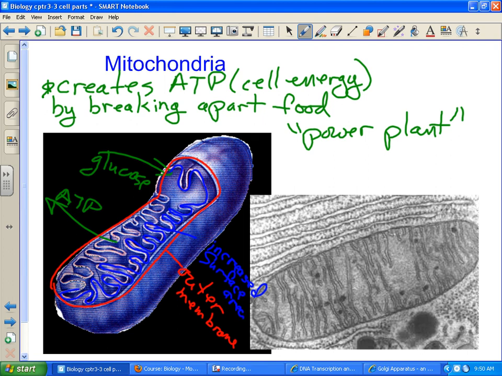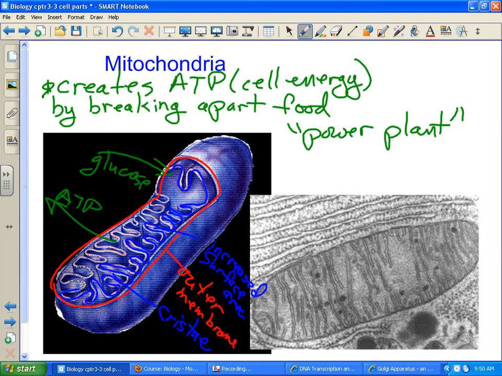So there's a lot of chemical reactions that can happen inside a very, very small space. And those are called the cristae. I'll give you a fancy scientific name. The cristae are these folds of the inner membrane.